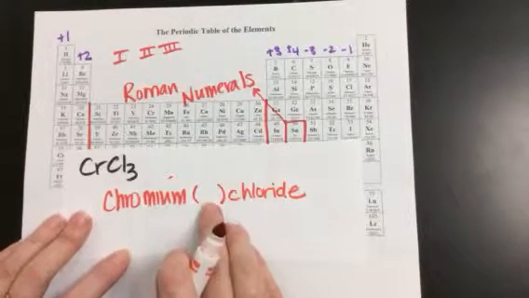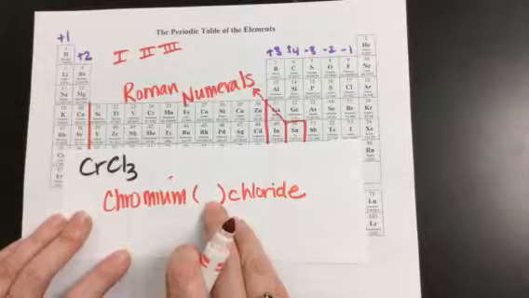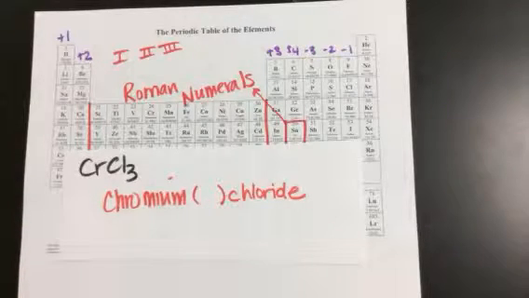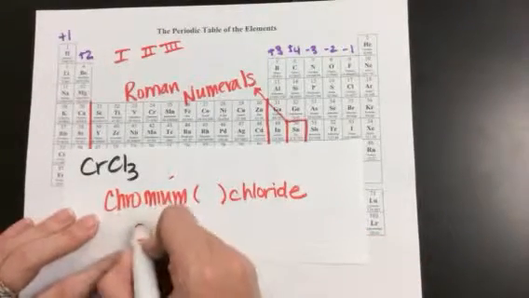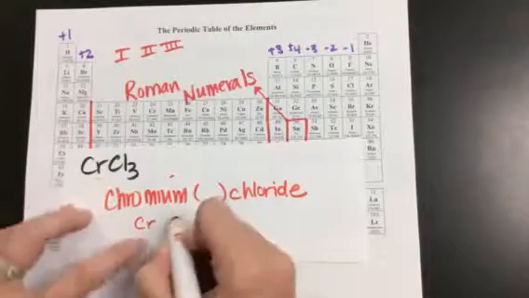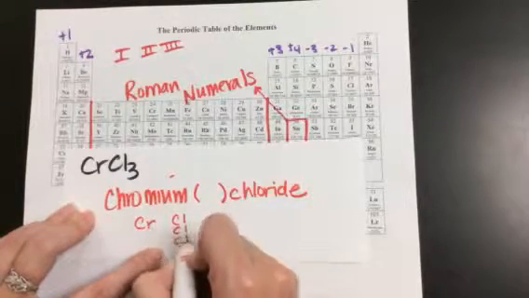So I'm going to fill in what is the charge that was used to swap and drop. Now, there's a couple ways that you can do this, but the surefire method on always getting the correct answer is to think about it this way. I have 1 chromium and I have 3 chlorines.